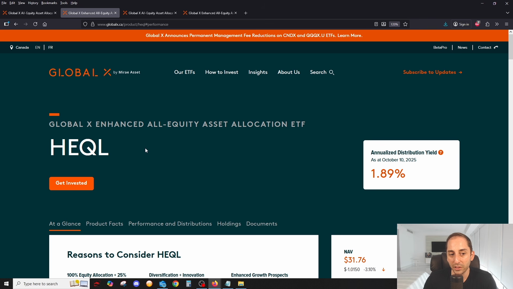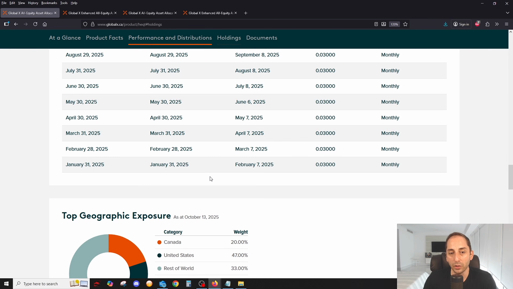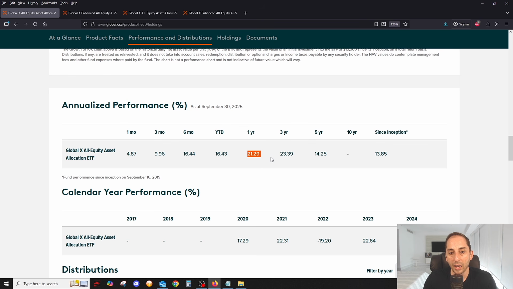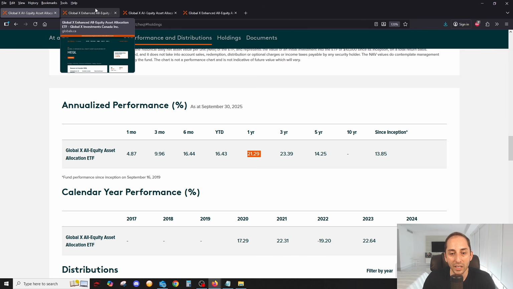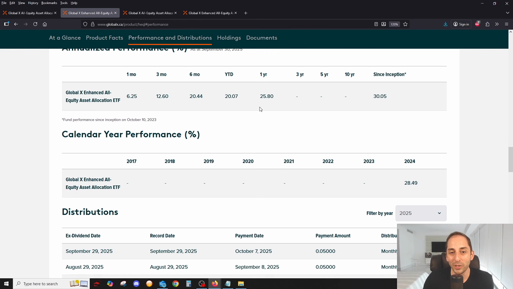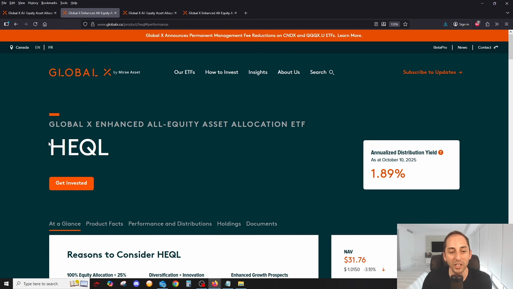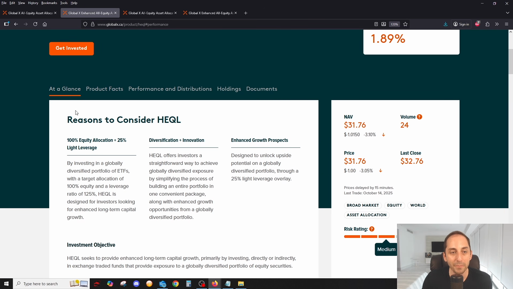It also has monthly distributions, and for example, HEQT, if we look at the 1 year performance as of September 30th, 2025, 21.29%. It's been a good year for the stock market, and you could probably guess that HEQL has a higher total return. You would be right, 25.80%. That's what the 25% leverage does.